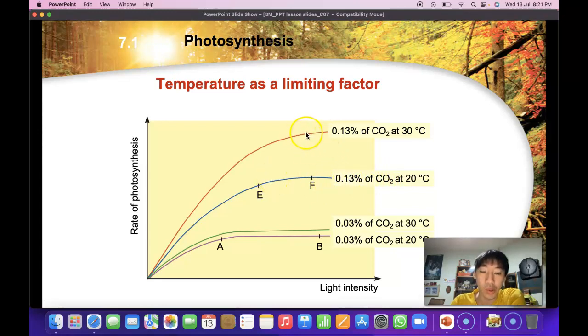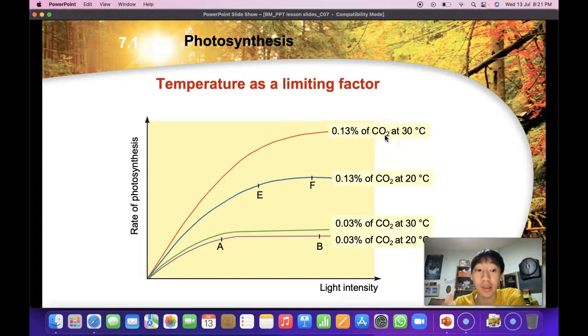And lastly, let's look at the orange one. For the orange line, there's 0.13% of carbon dioxide at 30 degrees Celsius. If you compare this, the thing that changed was the increase in temperature, and there was such a huge jump in the maximum rate of photosynthesis. That is because with 0.13%, we can say that carbon dioxide is no longer a limiting factor.